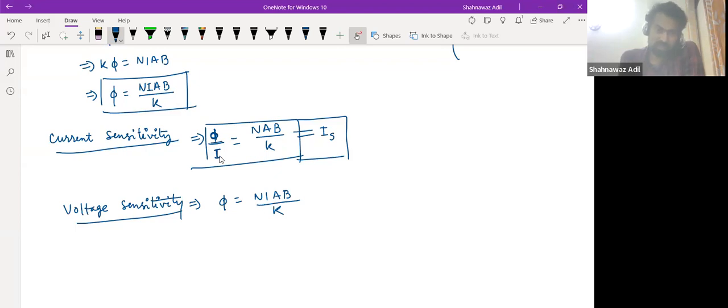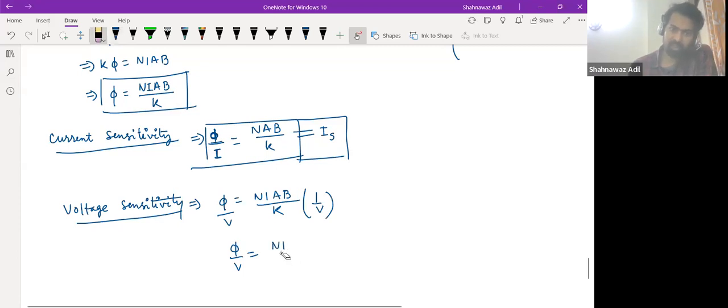Phi by B. Absolutely correct. So this would be phi by B, so we have to divide it by B. So phi by B would be how much? NIAB by K and I by B.